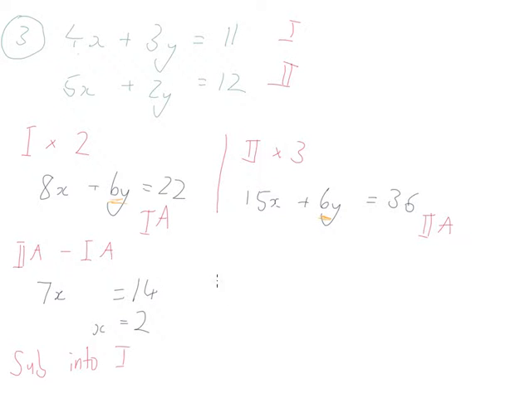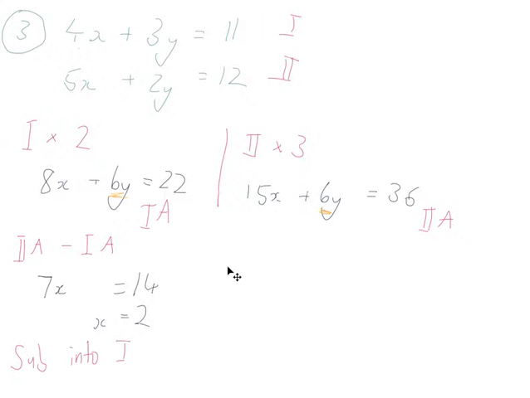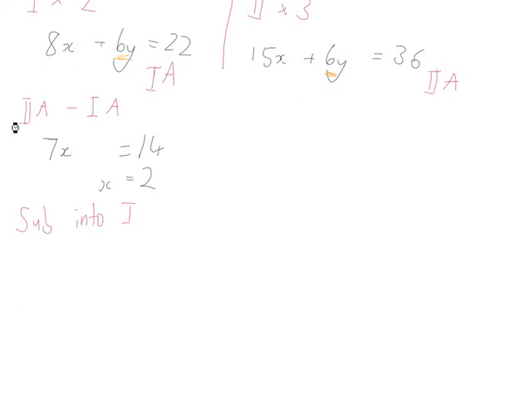Alright, so 1 is 4x plus 3y equals 11. So 4x plus 3y equals 11. 4x is 2 plus 3y equals 11. If you haven't copied some of this down, I would recommend copying it down as I go. You can pause this video.